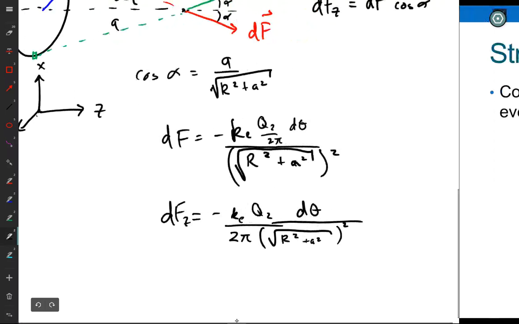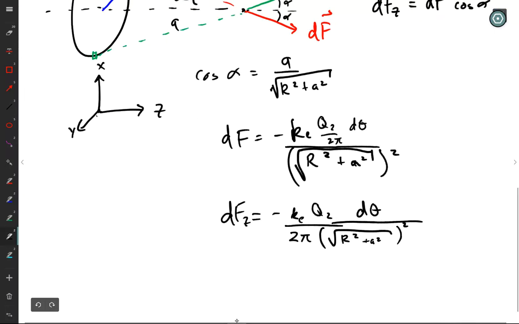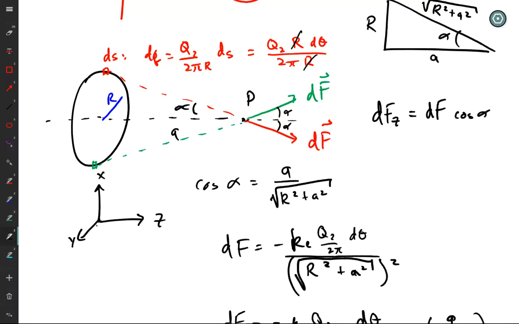So there I've rewritten what's above, and I have to add the additional times cosine alpha. So there's the cosine alpha. So, can you say why df of z is equal to, go up, was it equal to df times cosine?